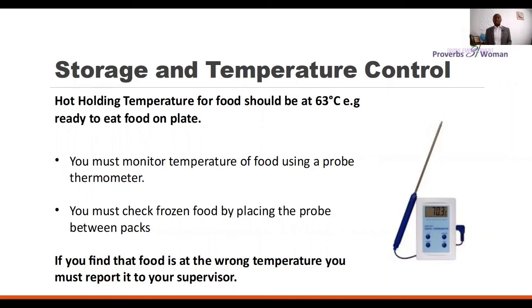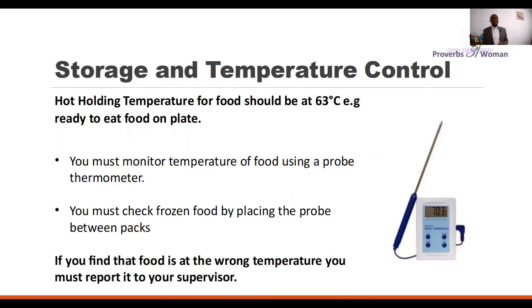So we must check frozen food by placing that thermometer between the packs. So for example, if you have frozen food, you put a probe inside the food, between the food, and it will tell you if it's minus 18 degrees, minus 17, minus 15, it's going to tell you. So if you are in a restaurant, you've got to have one of these probe thermometers, okay?